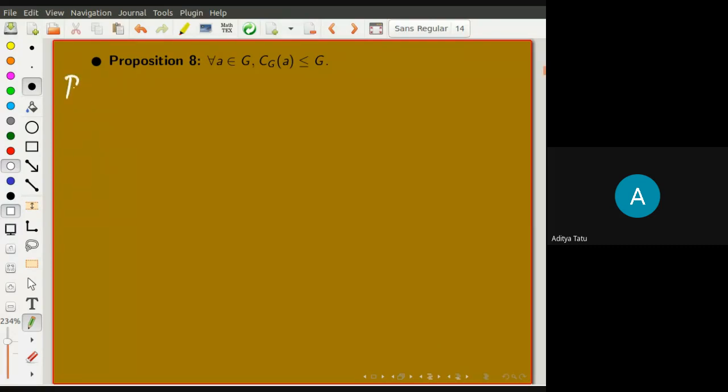Okay, so somebody help me to prove this. What are we supposed to prove here? Closure and inverse. So let's take closure first. Let's say we have two elements B and C in C_G(A). What are we supposed to show?